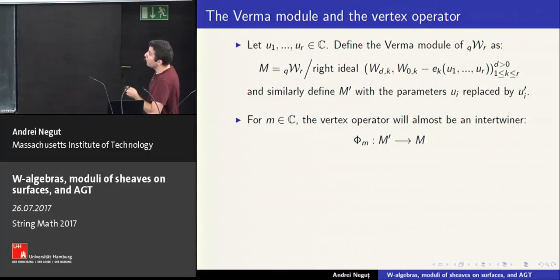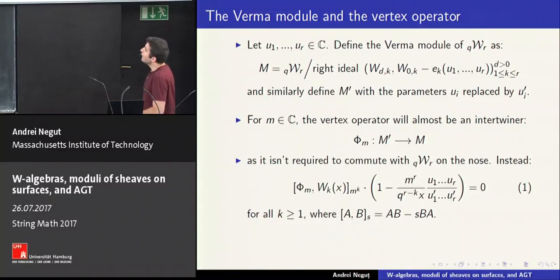Well, it's a map between one Verma module and the other. And it's defined to be almost an intertwiner of the W-algebra action. Being an almost intertwiner of W-algebras does not mean that it commutes with generators of a W-algebra on the nose, but instead is defined by this property here.